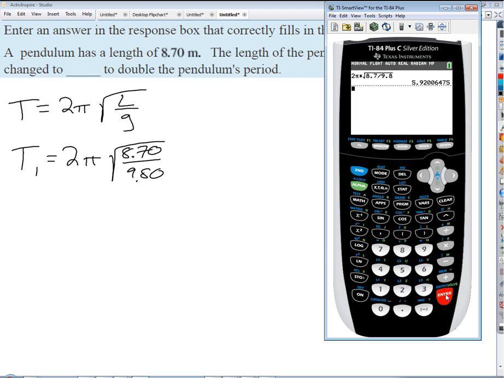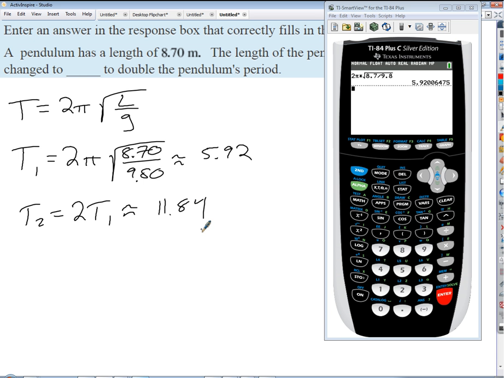So that's T1. Okay, so now we know that T2 is 2 times that, which is roughly 11.84 seconds.